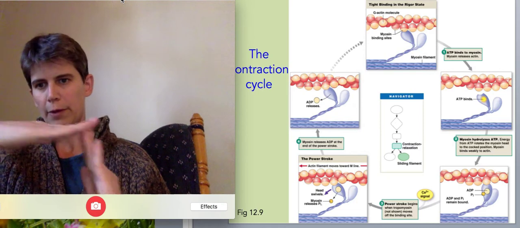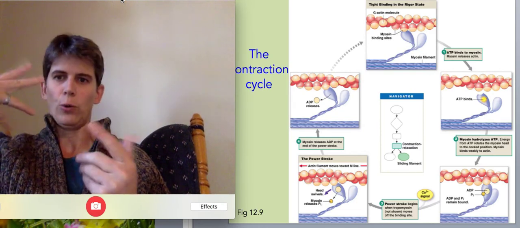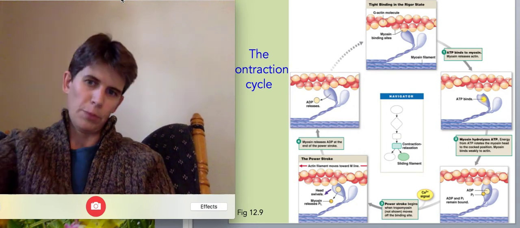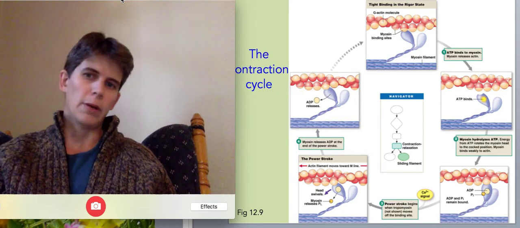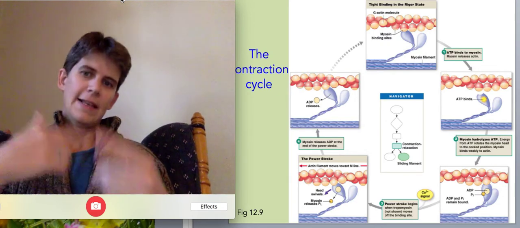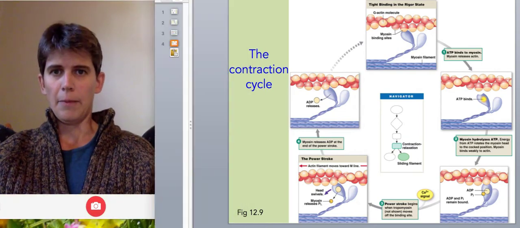So when one of them releases to rebind, there are others that are attached and holding it in place. It's kind of like if you were doing tug of war and you let go of the rope to get a better grip, your team wouldn't immediately lose unless you were about to do so anyway. So there's this asynchronous binding and rebinding of the actin and myosin.